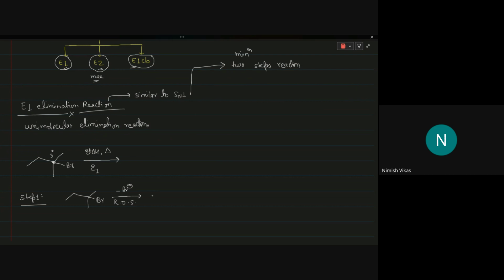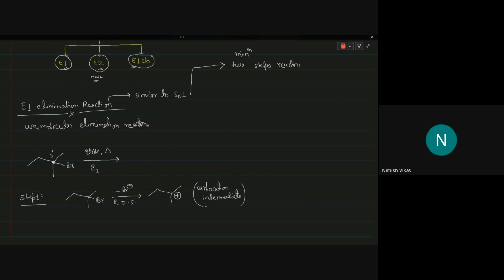After the first step of the E1 elimination reaction, a carbocation is generated. So a carbocation intermediate is formed, which is why we say it is parallel to the SN1 reaction.